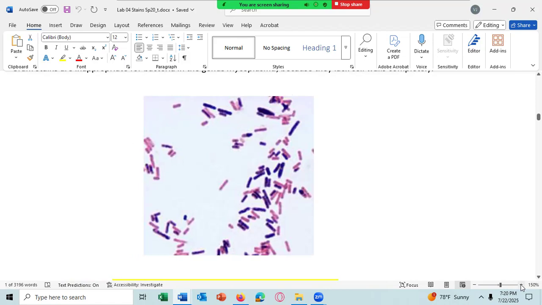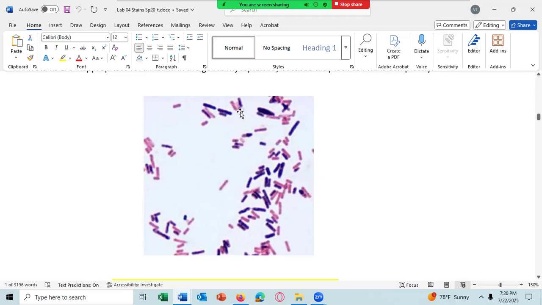And sometimes they will be staining pink, even though some cells are staining purple. Like right here, this has been stained with a gram stain, and it's a Mycobacterium, so it's one species, but some of them are staining gram positive, and some of them are staining gram negative. What do you notice that's different between this cell here and that cell and that cell? And what's different between that cell and this cell and that cell?